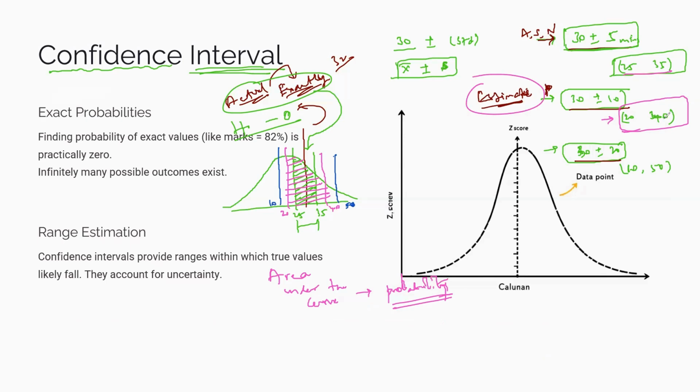The confidence is associated with this range. Why is she more confident? Because she has more chance of being correct. There may be scenarios where you take only 24 minutes, or scenarios where you take 36 minutes also. We don't know.